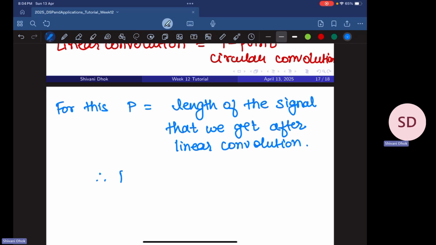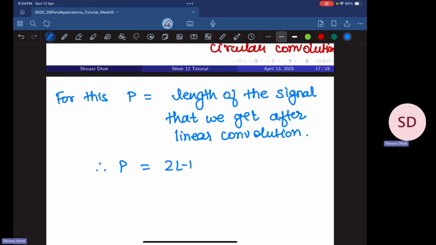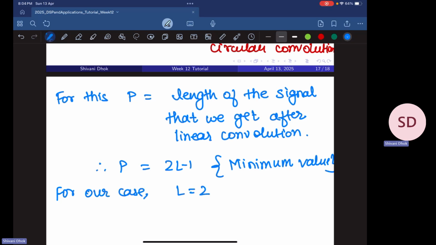Therefore, p should be equal to 2L minus 1, as the minimum value. Now for our case, L is equal to 4. So p comes out to be 2 times 4 minus 1, which is 8 minus 1, which is equal to 7. Is this clear? Any questions at this point?